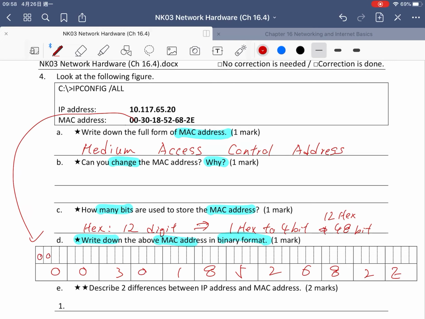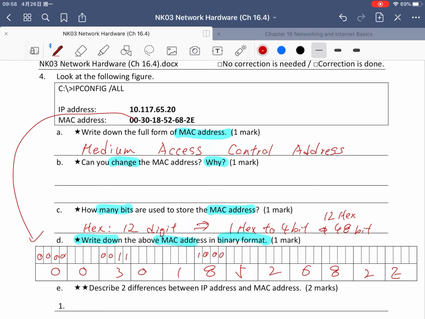For 0, it should be 0000. For example, 3 is 0011. You can watch the video about using the calculator to do the conversion between hexadecimal and binary on the Google site. For example, 8 is 1000.